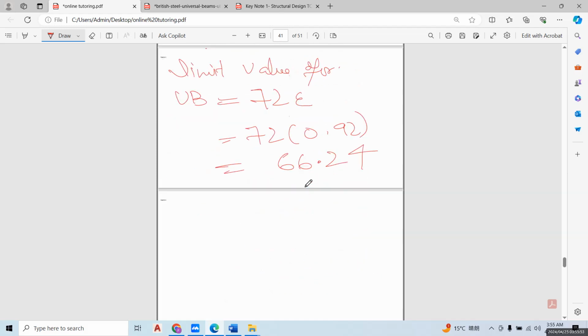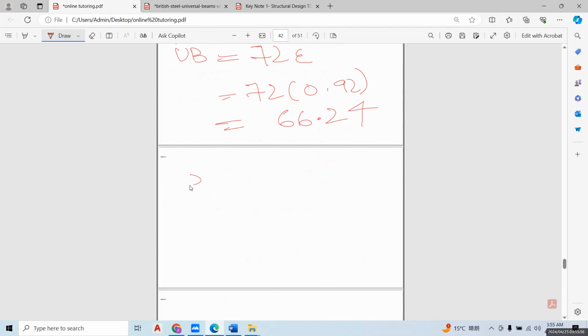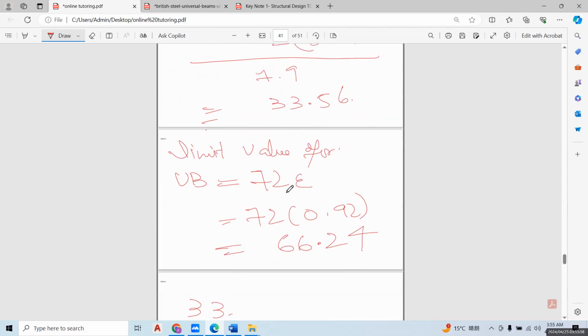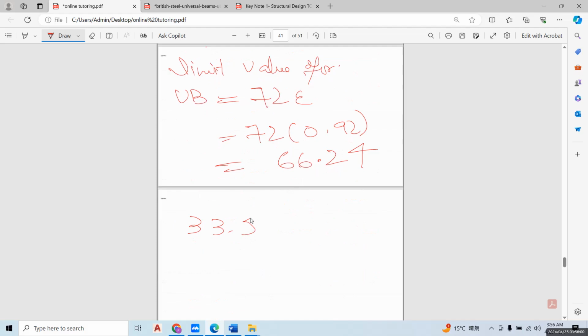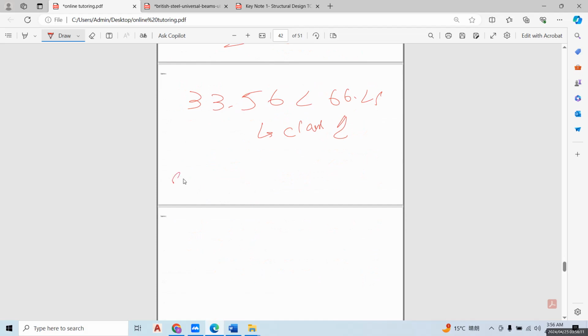So again your limiting value is greater and your actual value is less than, so this is again class 1. So overall your section lies in class 1. Do you understand this?